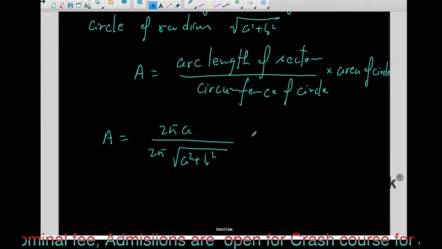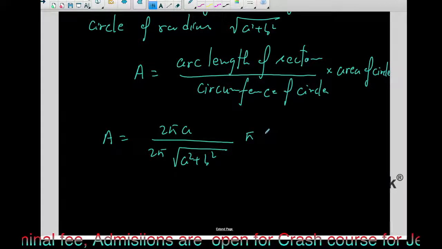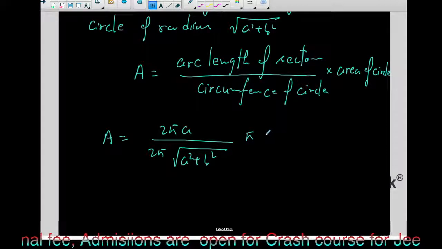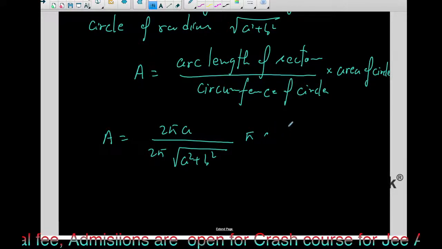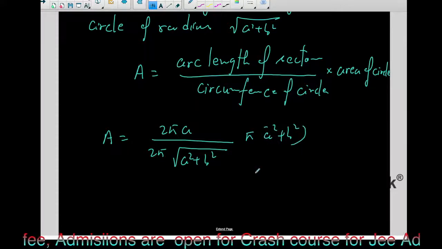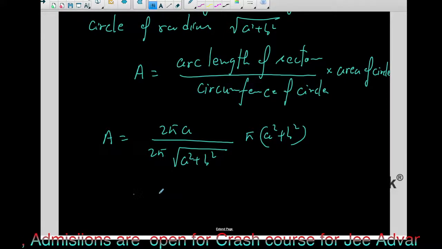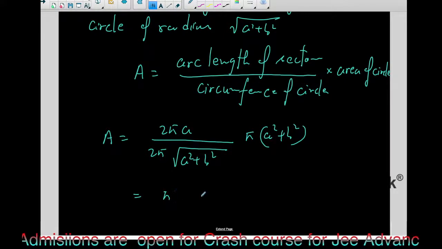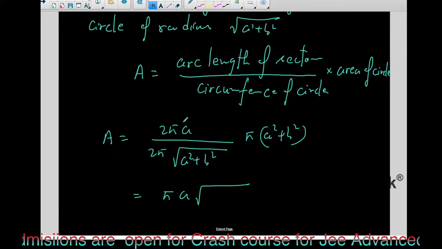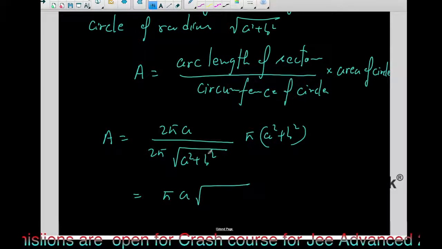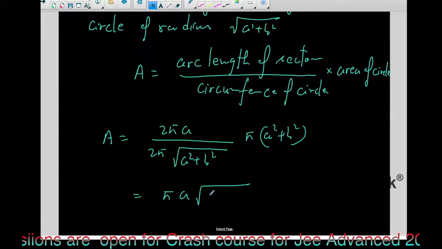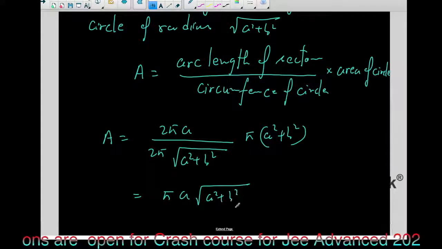The area of the circle is pi times the radius squared, so pi into a square plus b square. It is clear. When you solve this, the 2 pi cancels, and pi a under root a square plus b square is left over, and that's your area.